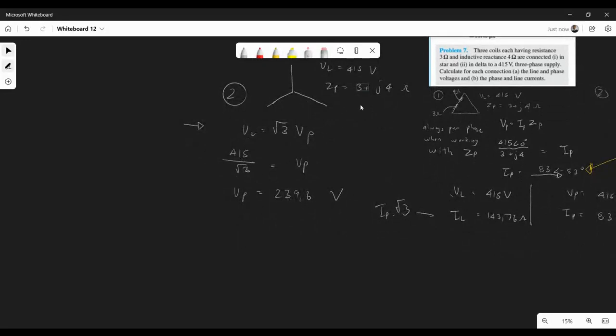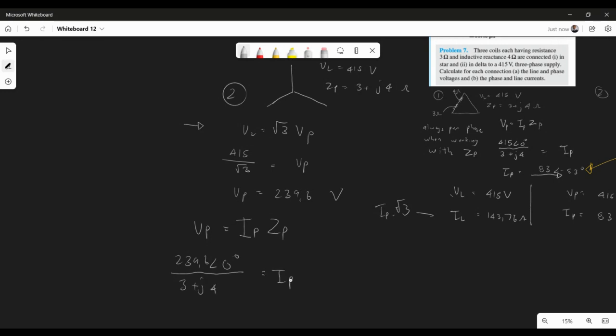So we have our phase voltage and line voltage sorted out, but what about the current? Once again, with the impedance, you have to say your phase current is your phase voltage over your impedance. Your phase voltage is 239.6 at 0 degrees, and your impedance is 3 plus J4.